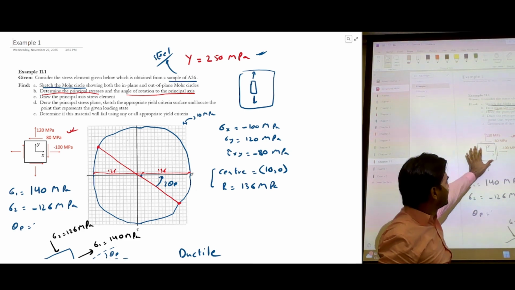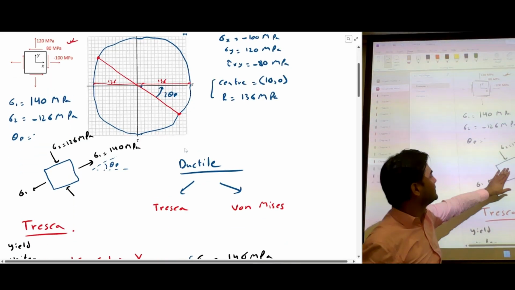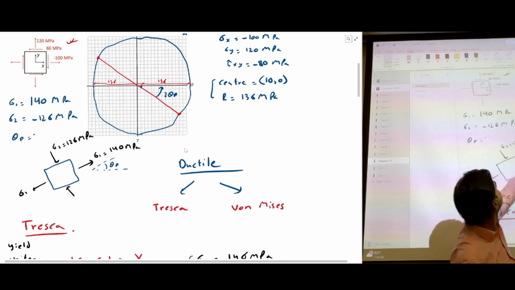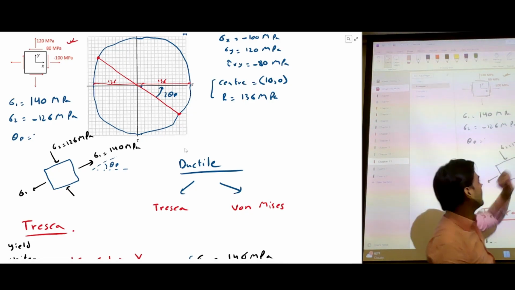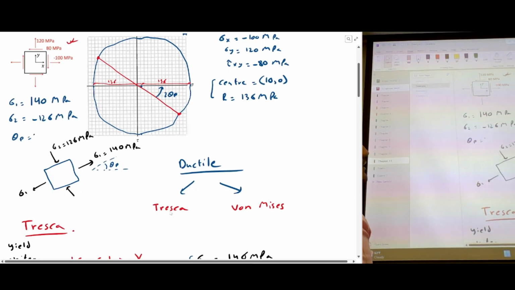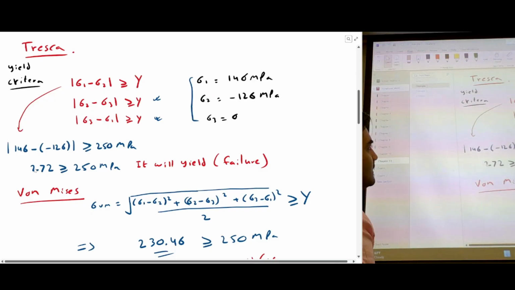So this is what we did. We rotated the stress element to get maximum principal stresses, which is this stress element. So the maximum stresses we are going to get are, I guess, 146 and 126. These are the maximum stresses we'll get. And since it's a ductile material, we'll use Tresca theory and von Mises theory. We used these formulas, and we figured out that under Tresca, we are getting 272.